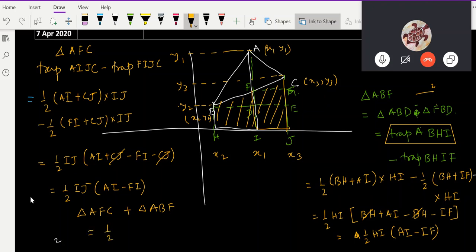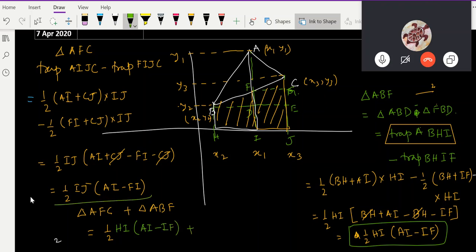So triangle ABF is here, half HI into AI minus IF, plus this one, half IJ into AI minus IF, right? Correct? Yes, sir. So AI minus IF is common to both.